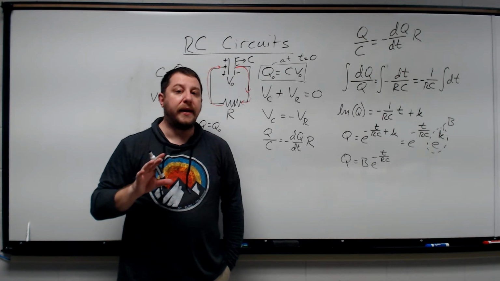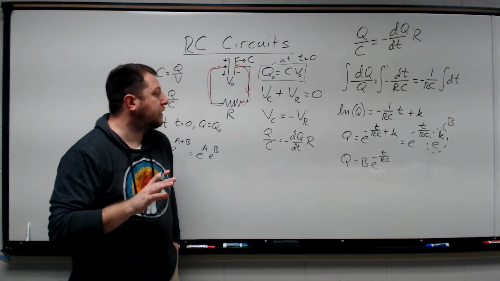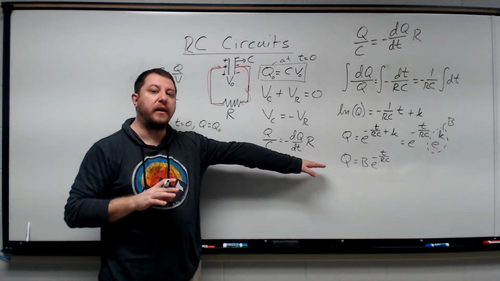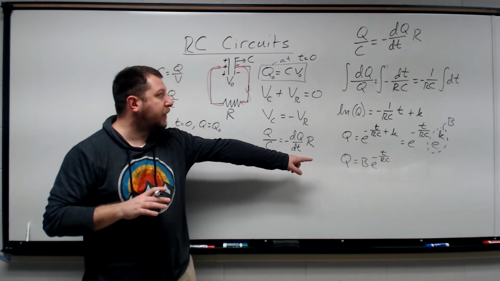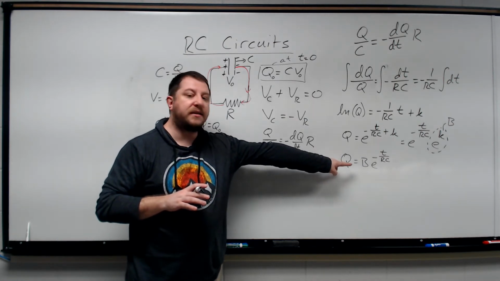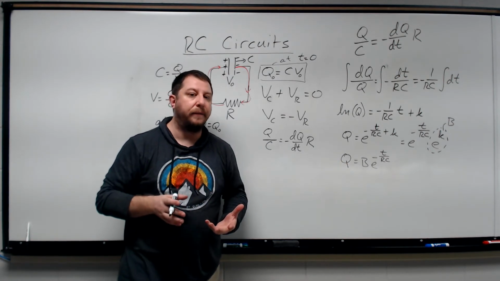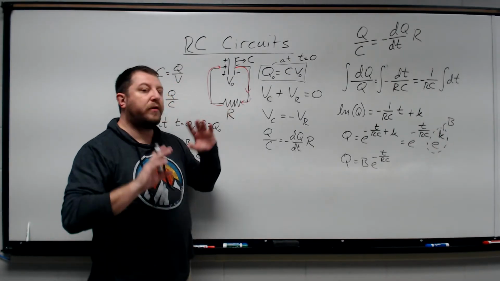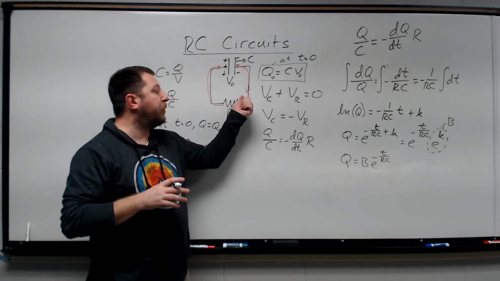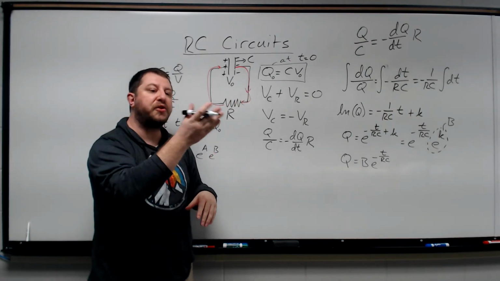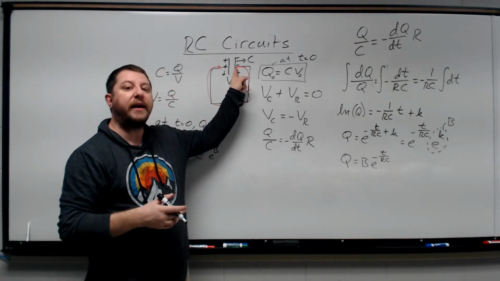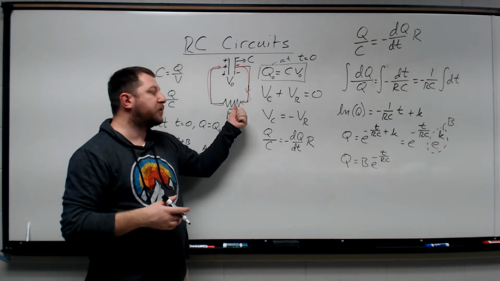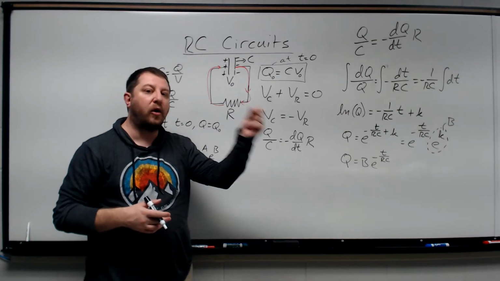So already we can see that this is going to be an exponential decay. Why is this going to be an exponential decay? From a conceptual standpoint, when I flip the switch, some of the charge is going to flow off of my negative plates. But because there's a resistor here, the charge can't all flow at once.